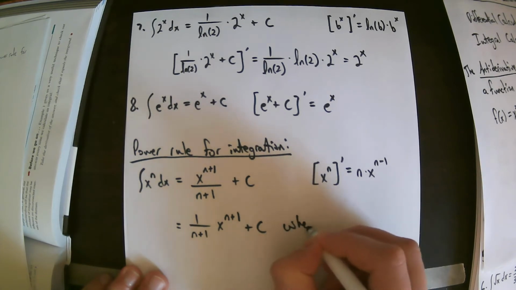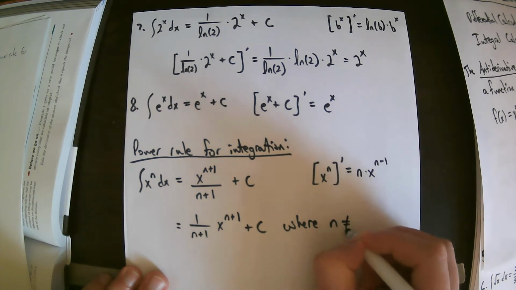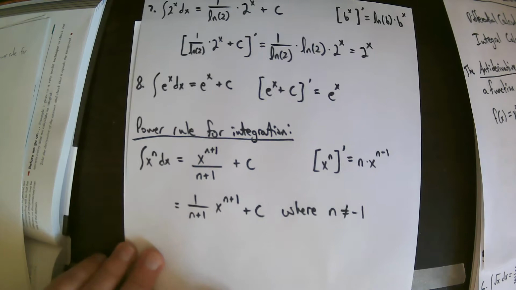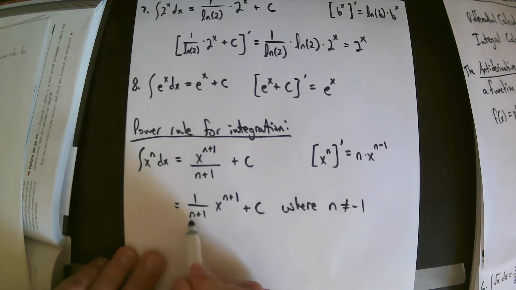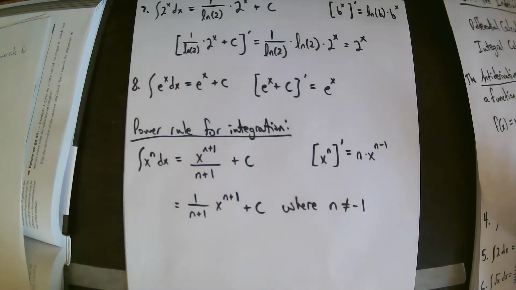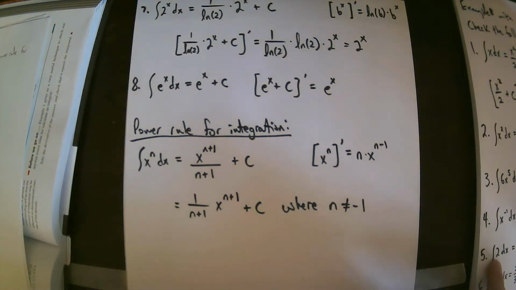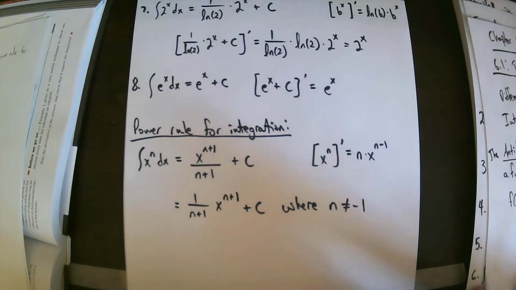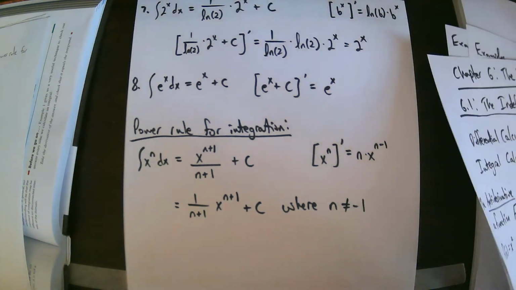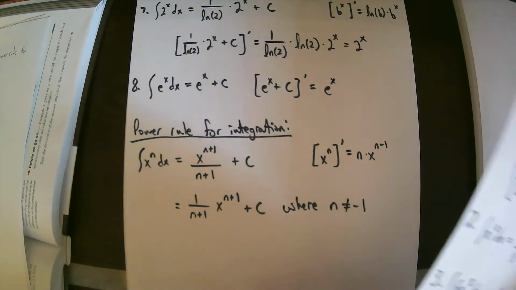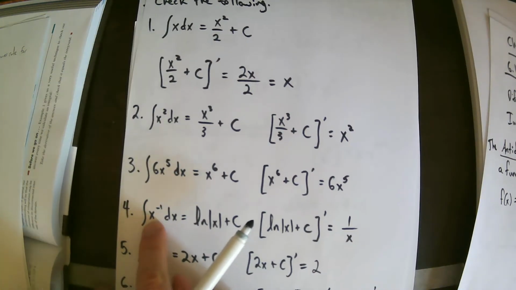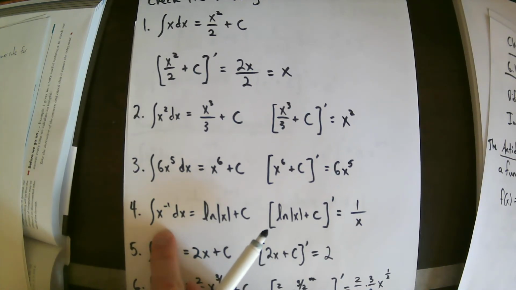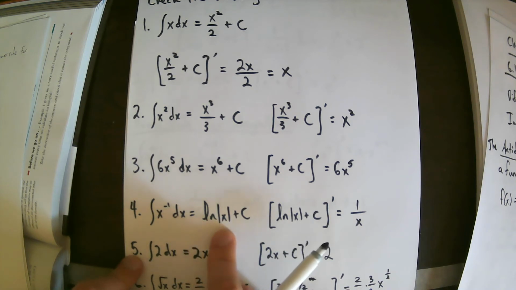And by the way, n cannot be negative 1 here, because if n is negative 1, then we get a domain error. But we already figured out the antiderivative of x to the negative 1 somewhere. There it is. The antiderivative of x to the negative 1 is ln of x.